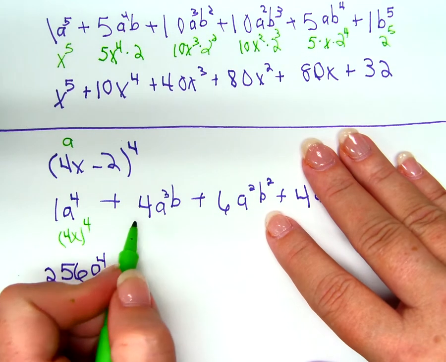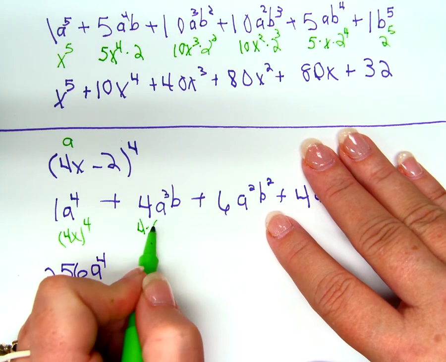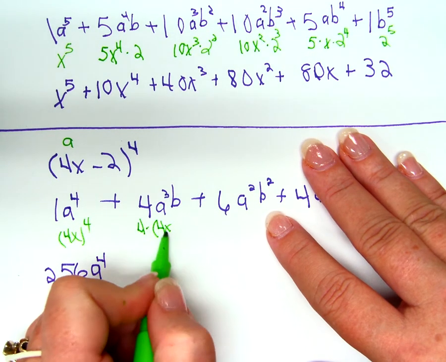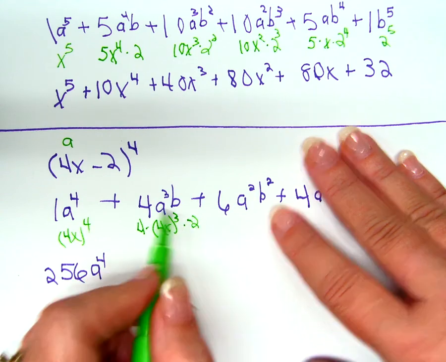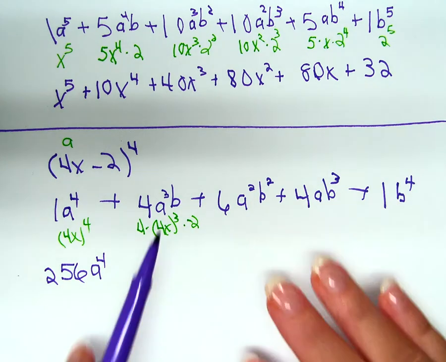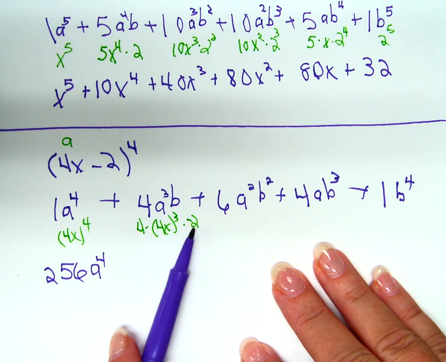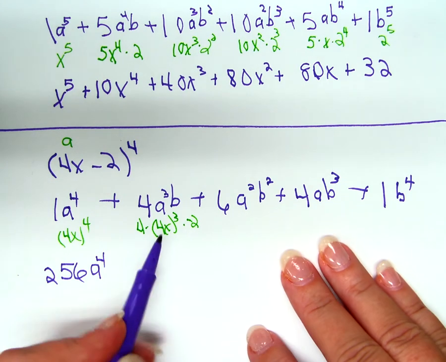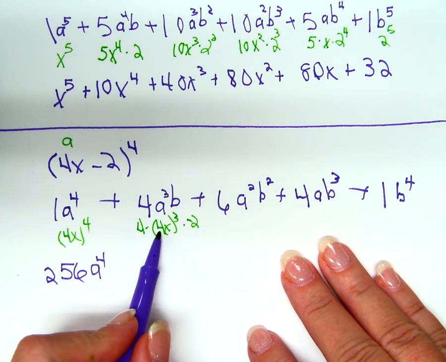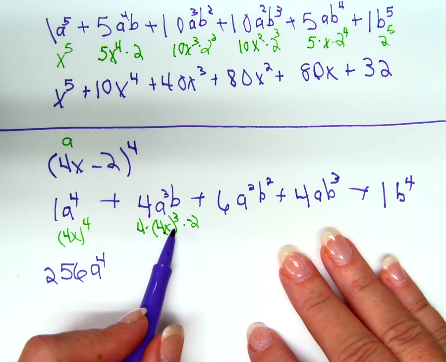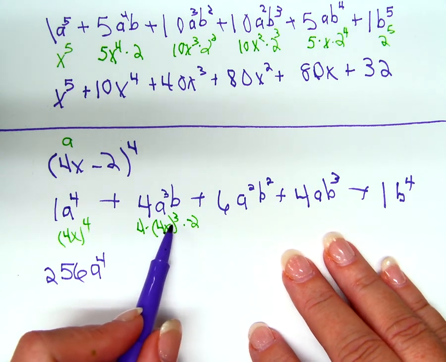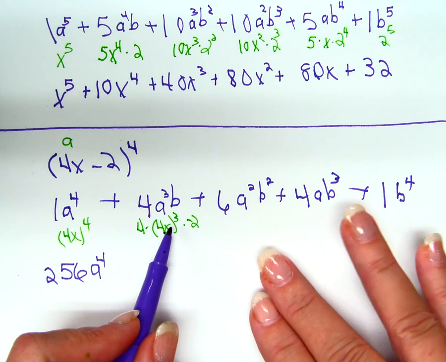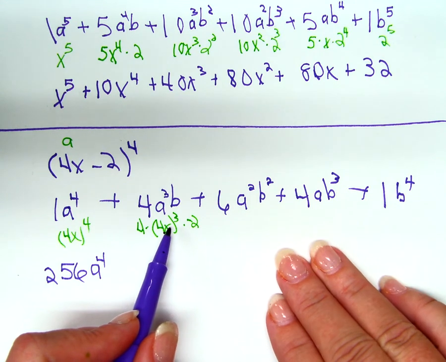Now I have 4 times 4x to the third times negative 2. That's the A term. That's the B term, right? So let's start in here. What's 4x to the third? What's 4 to the third? 4 times 4? 16 times 4 is 64, right?